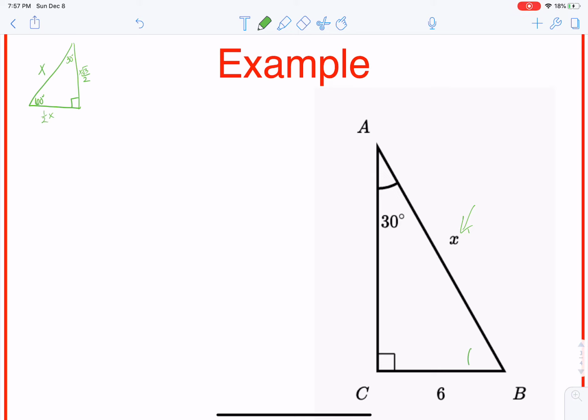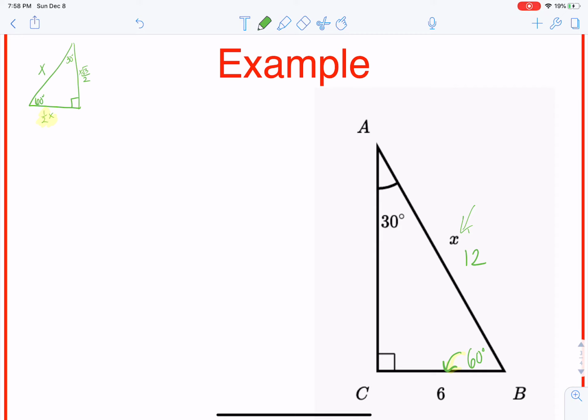Angle A is 30, so that means that this needs to be 60. And what do I know about my 60-degree angle? What's the relationship here? It's half of the hypotenuse. So if the side length associated with my 60-degree angle, this side length right here, is half of the hypotenuse, I know right away that my hypotenuse will be 12.